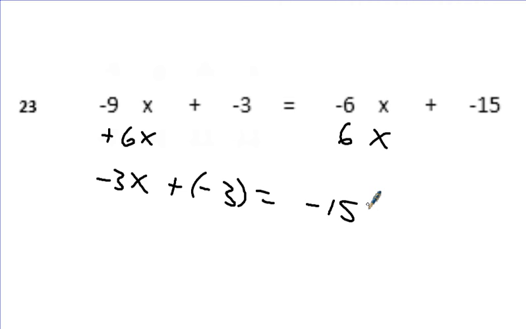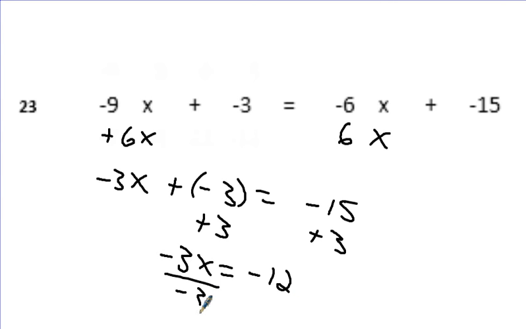So what now? Well, let's start by getting rid of this. We get rid of negative 3, add 3. This makes negative 3x equals negative 12. Now divide by negative 3. And we find that x equals 4.